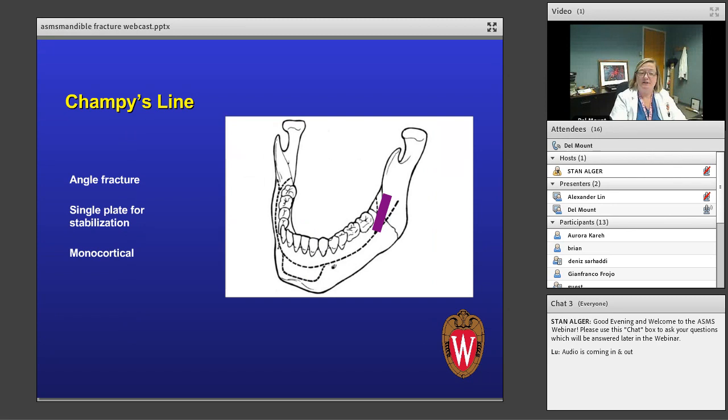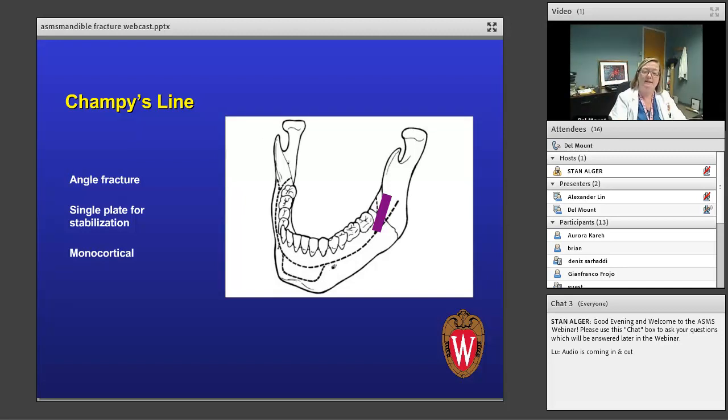Now, the last type of reduction that I'll talk about is the utilization of the Champy technique. These are called the Champy lines, and the Champy lines are another area of stability or buttressing, if you will, of this three-dimensional arch of the mandible. Now, you can imagine that with an undisrupted masseter, meaning that we haven't gone in and taken down all the fibers, we're still going to have a pretty good pull up this way, so that muscular sling can pull the mandibular bone up towards the skull base.